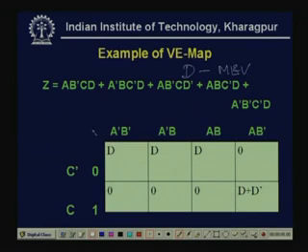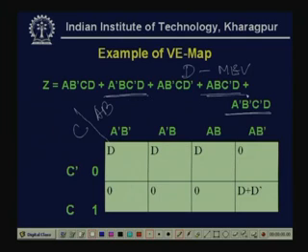Then if we take A, B and C, for the term A dash B dash C dash it is D. Similarly, for A dash B C dash it is D. This is A B C dash D. So for A B C dash, if D is true, that means for this it is D.